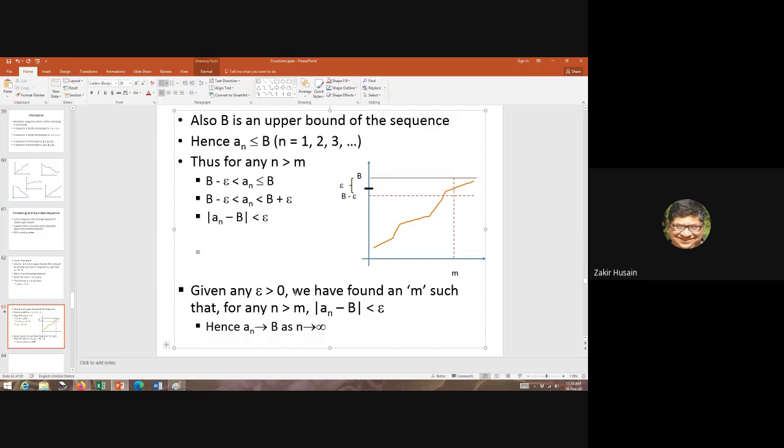So given any epsilon which is positive, we have found an m such that for any n greater than m, this relation holds. Therefore, an tends to b, so we are gradually moving towards b, as n tends to infinity.